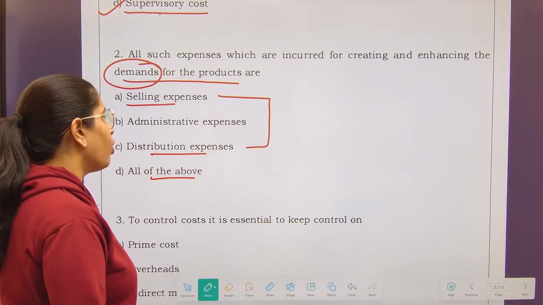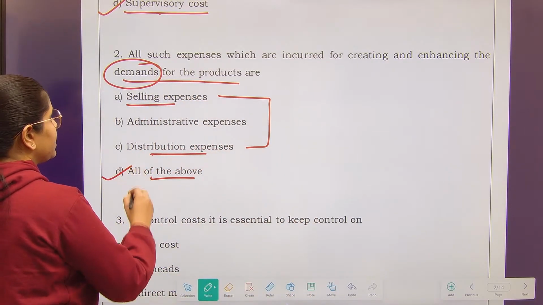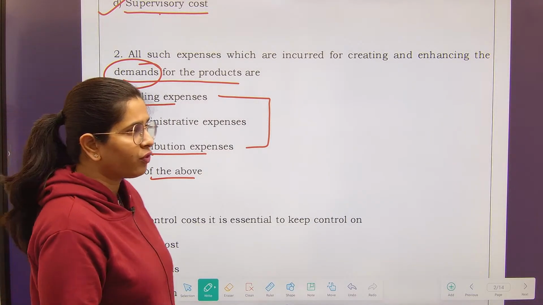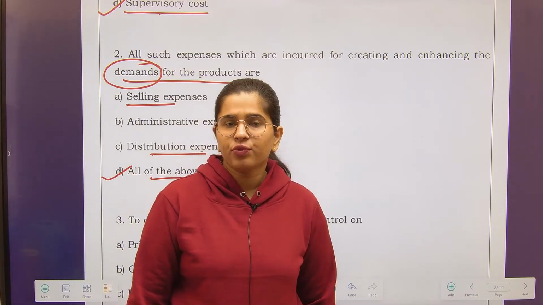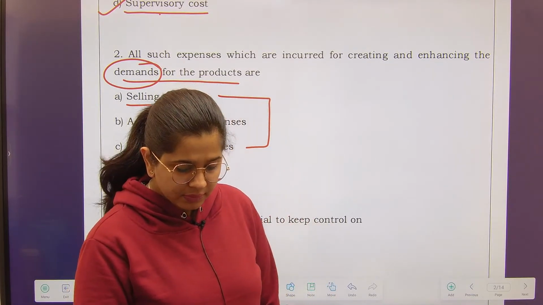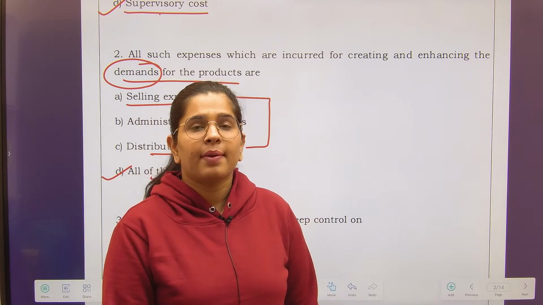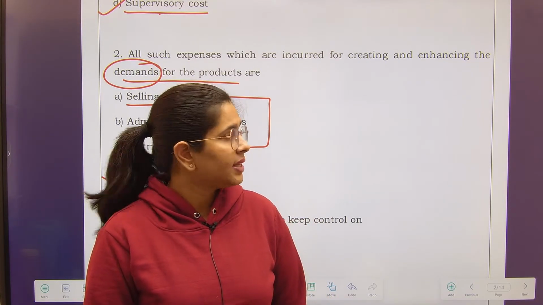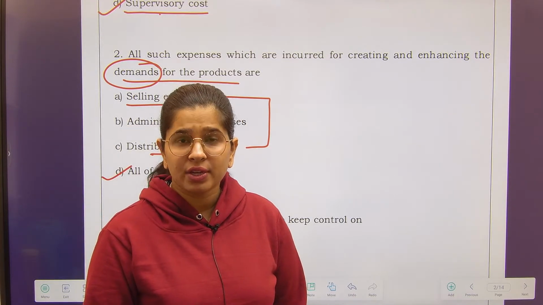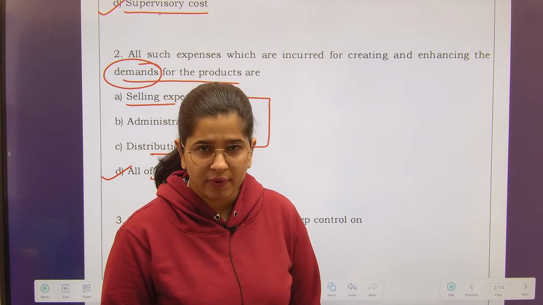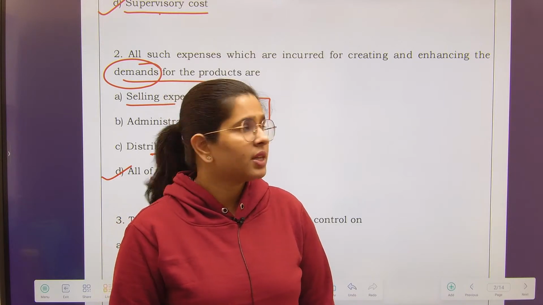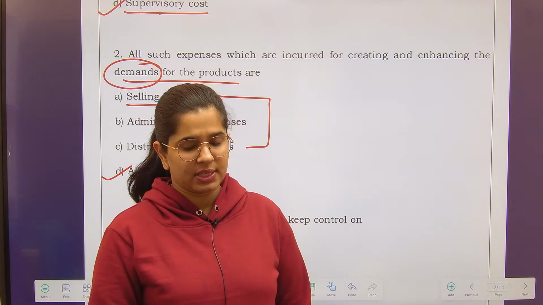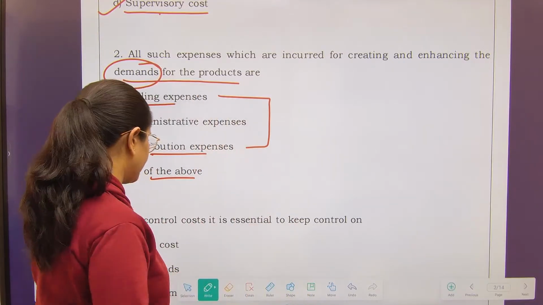Therefore, all of the above expenses are important in order to create and enhance demand for the products. Such kind of questions are conceptual and they are being asked in order to mislead the student, because by seeing the options one would like to take the option of selling overheads, but remember this, the question asks how to enhance the demand, and distribution expenses are equally important in it.